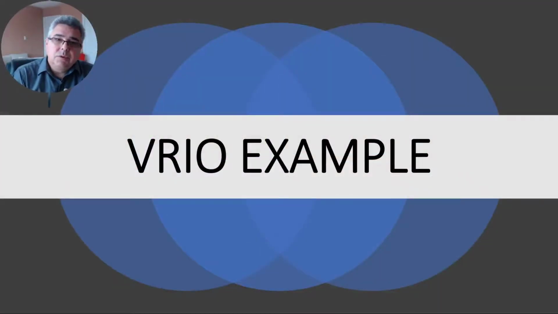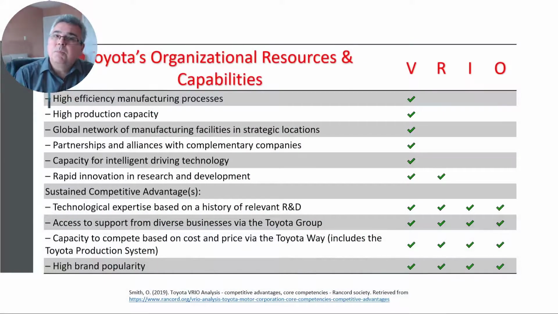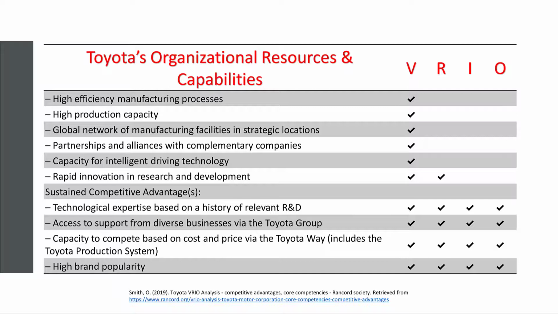You can find several examples on the internet, but to simplify the analysis, people create a kind of table. In that table, you list organizational resources and capabilities. Usually those come from a value chain analysis. Then you check if that resource is valuable, rare, difficult to imitate, and if the company is organized to exploit it.